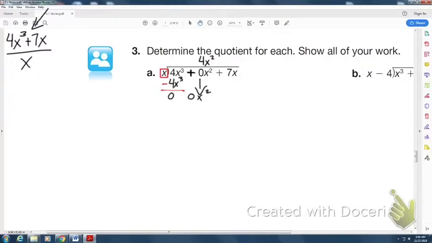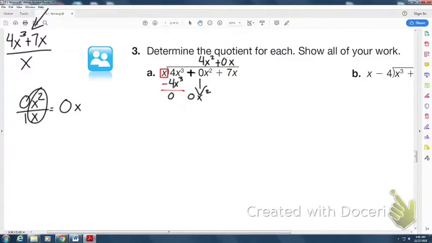And let's talk about this real quick. So I've got 0x squared divided by x. What is 0 divided by 1? 0. What is x squared divided by x? X. So you will put plus 0x with your answer. You would multiply that.